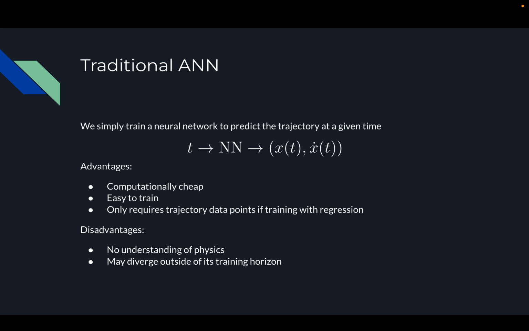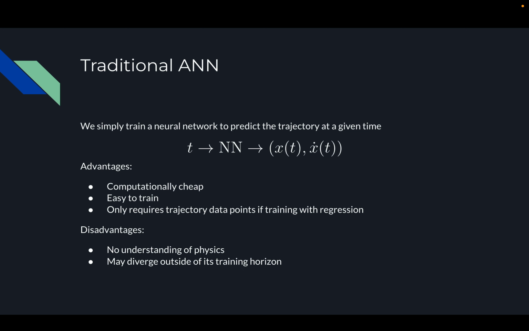Starting with the simplest of my machine learning methods, the traditional artificial neural network, where I just trained a feed-forward neural network to predict the trajectory at a given point of time and used auto-differentiation to solve for the y variable in my system, which had the advantage of computational efficiency, being easy to train, and only requiring sampled trajectory data points from my numerical solver.